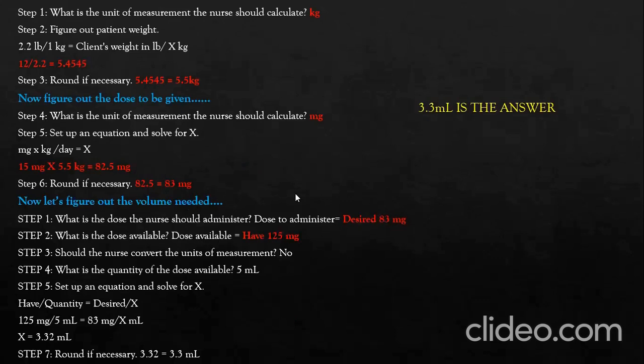Finally, I need 83 milligrams, but I have 125 milligrams per 5 mLs. So first I need to figure out how many milligrams is in 1 mL.